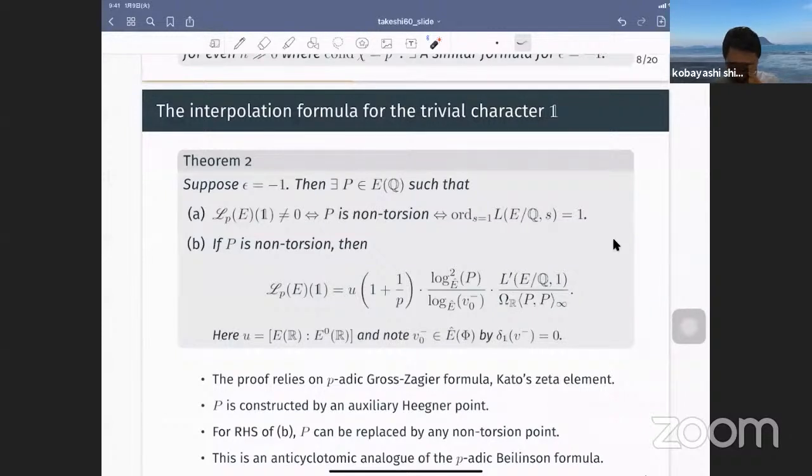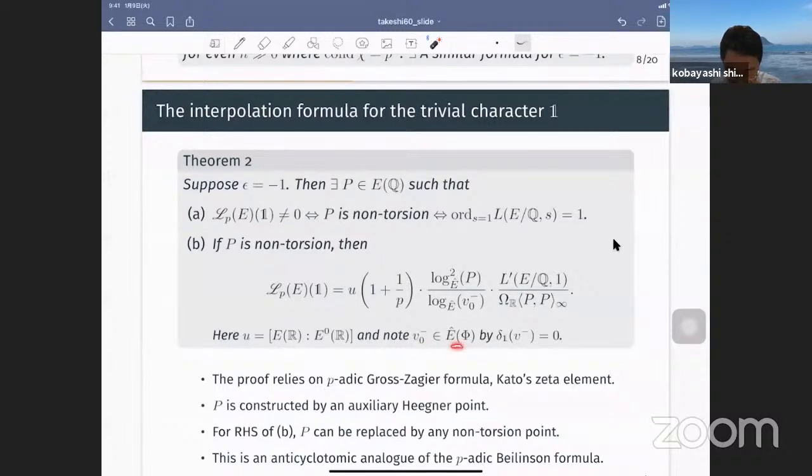Yeah, and we know that V0 minus is the bottom layer of V minus, and by definition delta minus is killed by the dual exponential map, so it defines a local point.